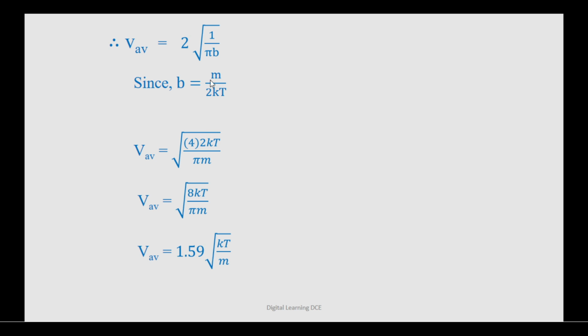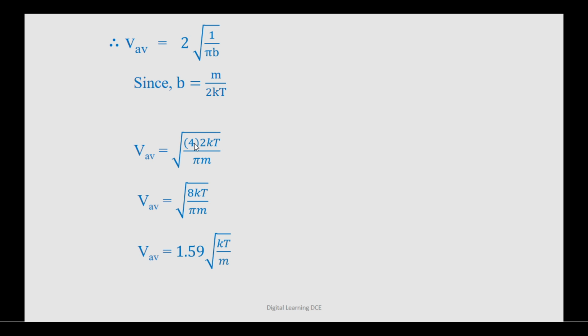Here b is equal to m divided by 2kT, where m represents the mass of each gas molecule, k is the Boltzmann constant, and T is the absolute temperature of the gas. The 4 is due to this 2.